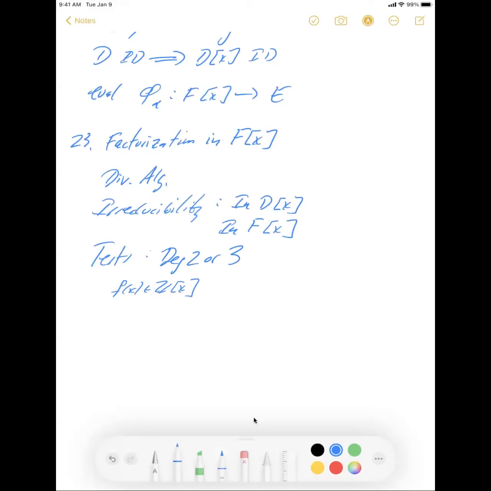If you have an integer polynomial, then if you can factor it over Q, so if it's reducible over Q, that tells you that it's reducible over Z.